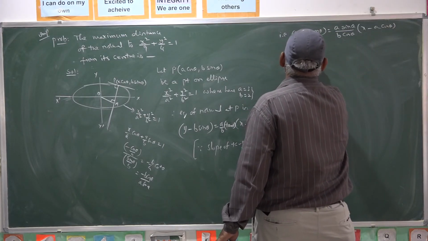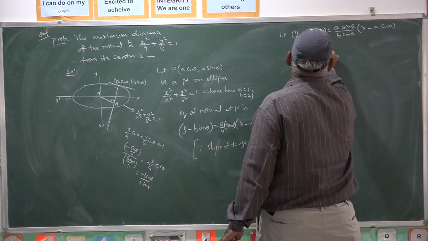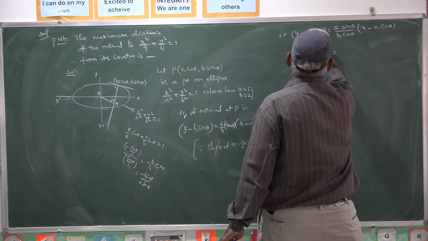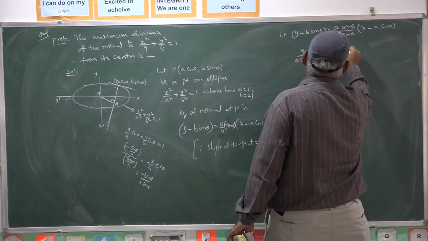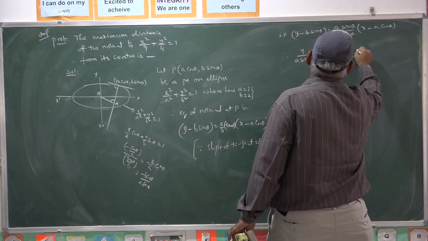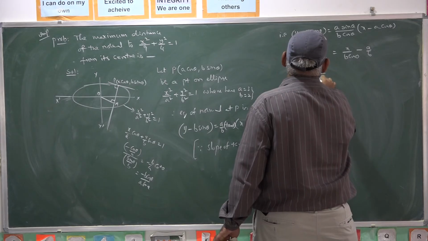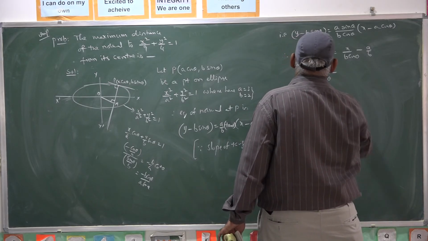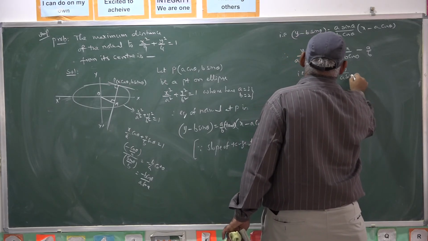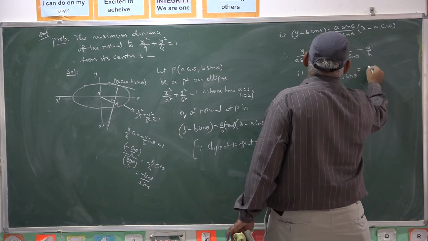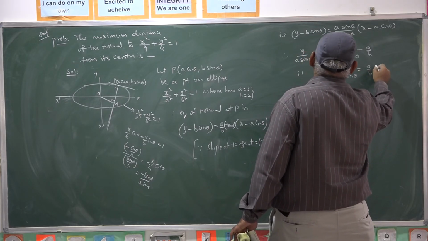Therefore, y by a sin theta minus b by a equal to x by b cos theta minus a by b, or x by b cos theta minus y by a sin theta equal to a by b minus b by a.